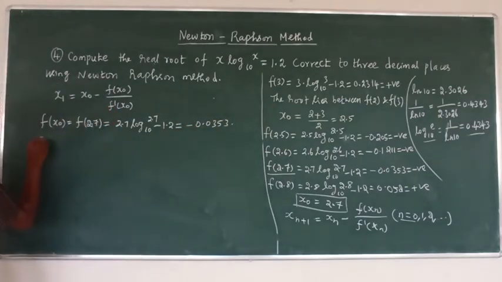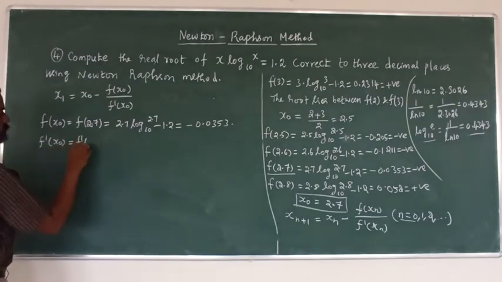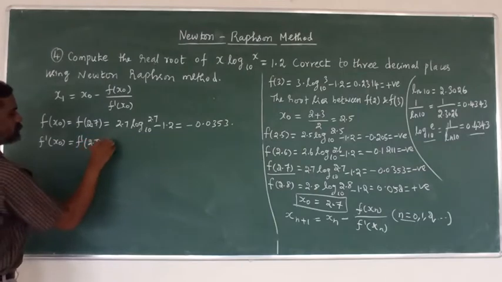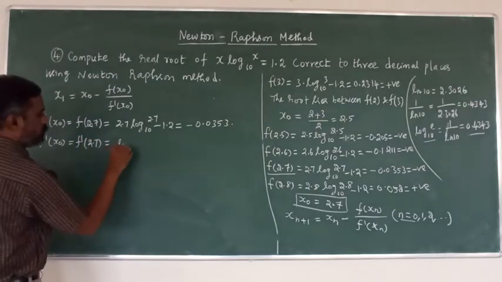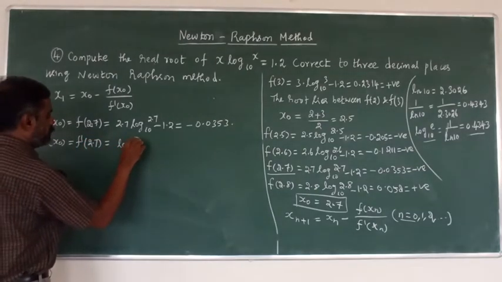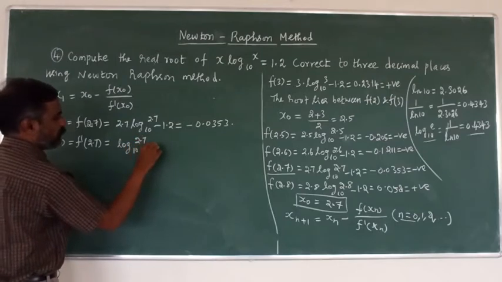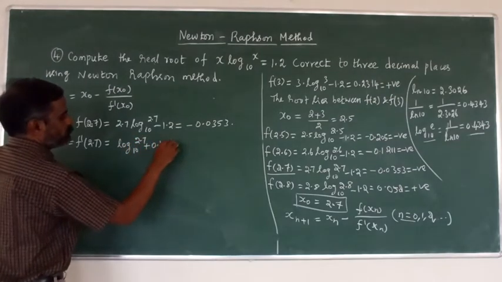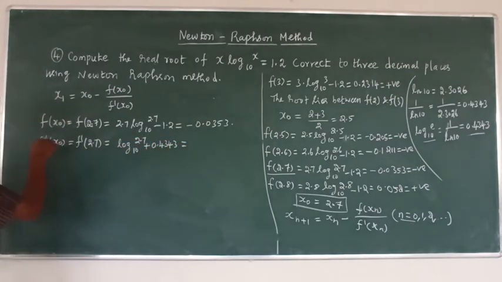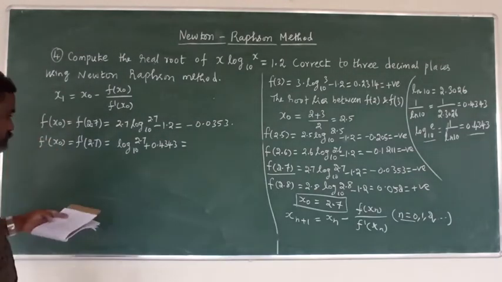Next, to find f'(x₀) equal to f'(2.7): substitute log₁₀ 2.7 plus 0.4343 in f'(x).